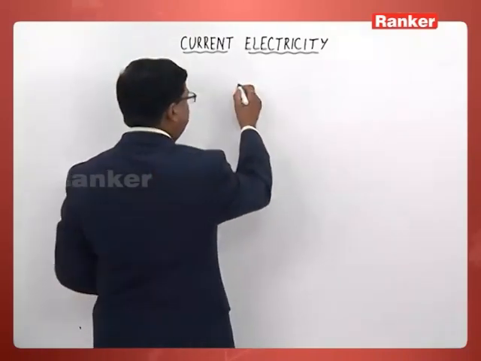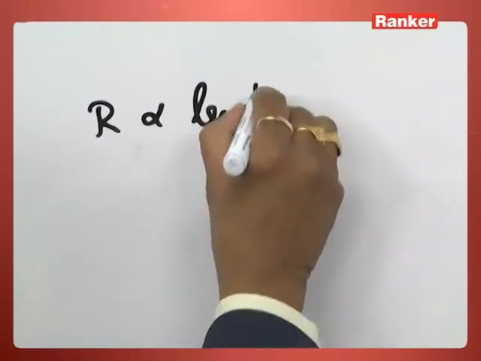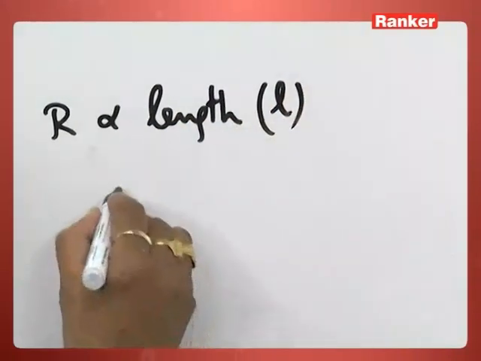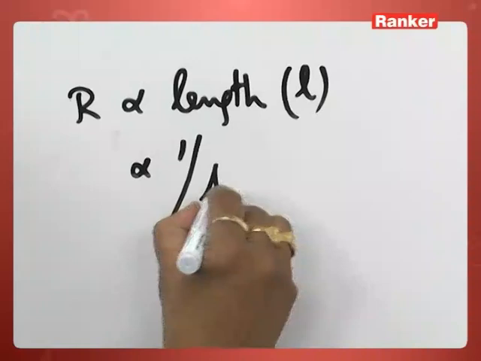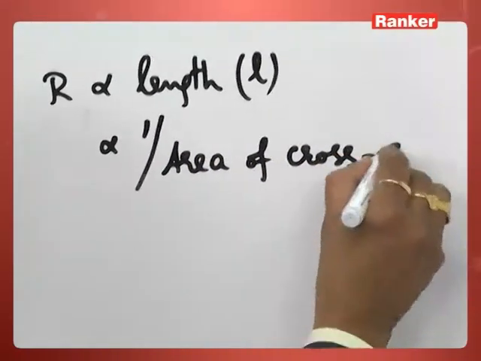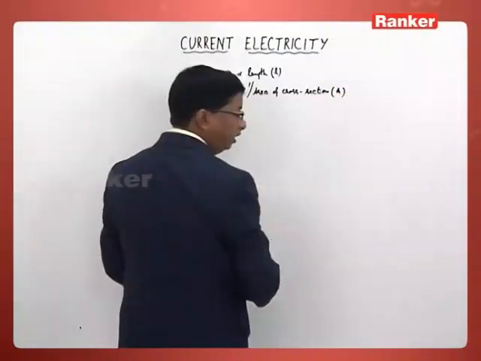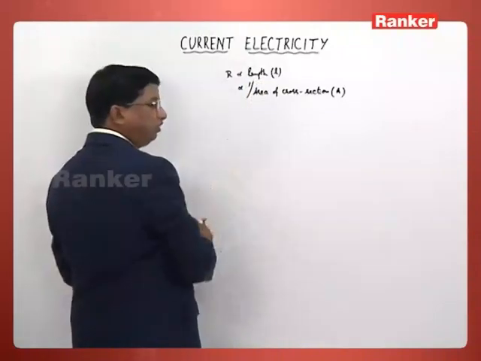The very first one, in fact, we know resistance is directly proportional to length of the conductor, and it is inversely proportional to area of cross section of the conductor. This area of cross section we represented by the letter A and length as L.